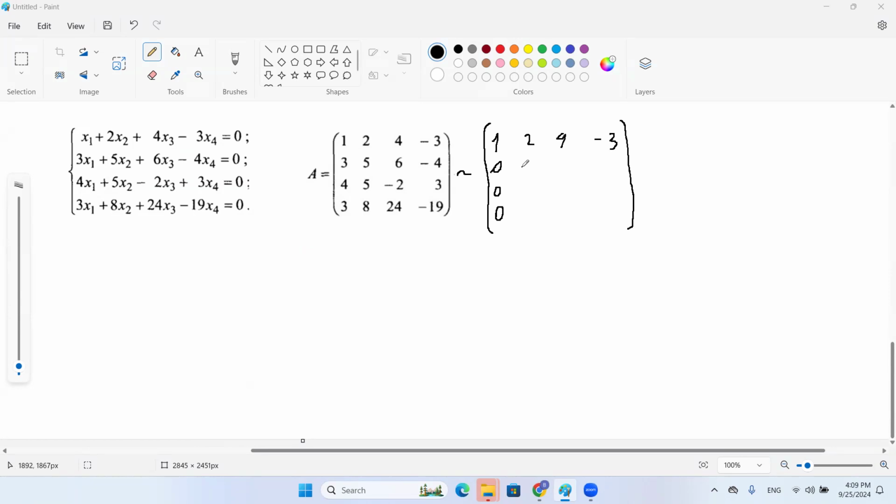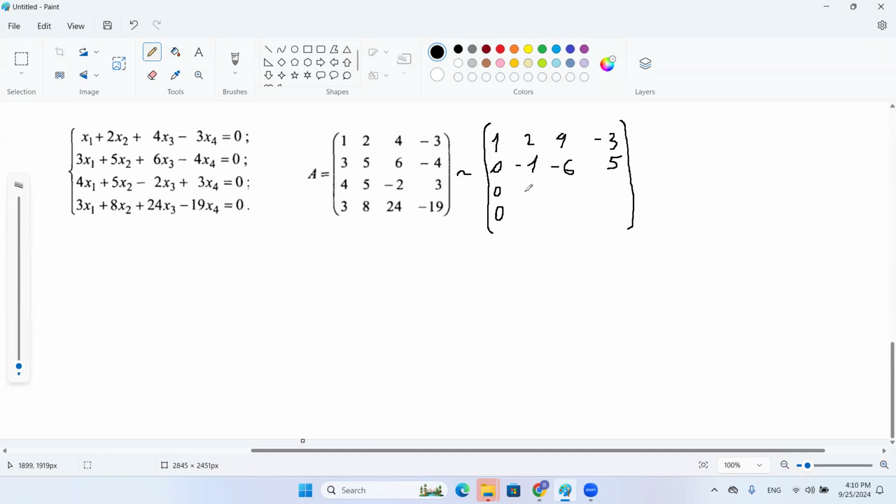So let's eliminate. We need to multiply the first row by -3 and add it to the second row. Correct. That will be -1, -6, and 2. No, 5. 5, correct.